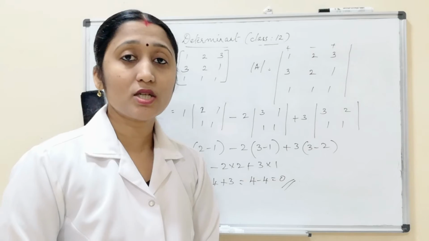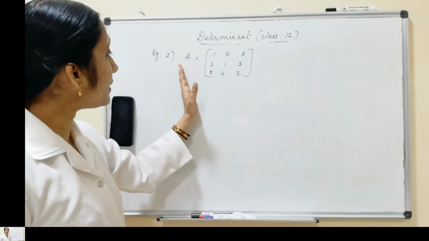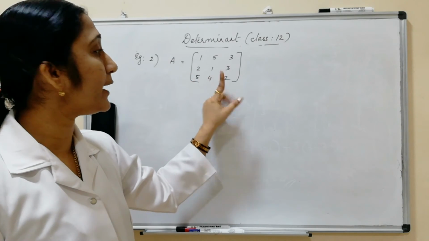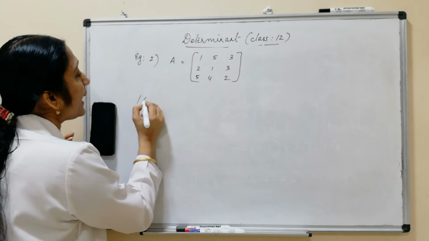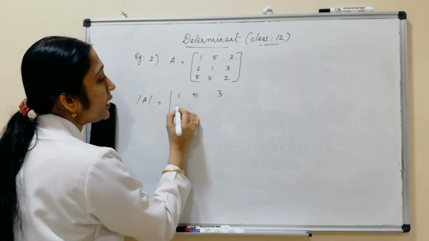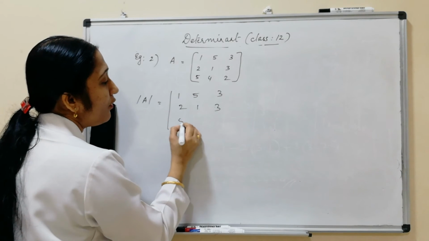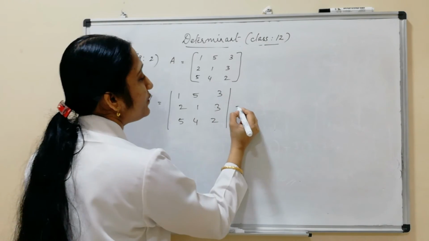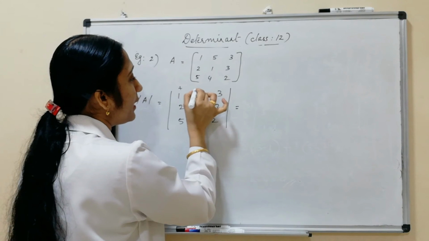Next, we are moving on to the second example. A equals the matrix 1 5 3, 2 1 3, 5 4 2. So the determinant A is nothing but 1 5 3, 2 1 3, 5 4 2. So how to find the value? It is very easy, plus minus plus.